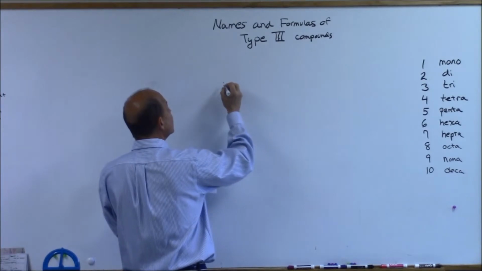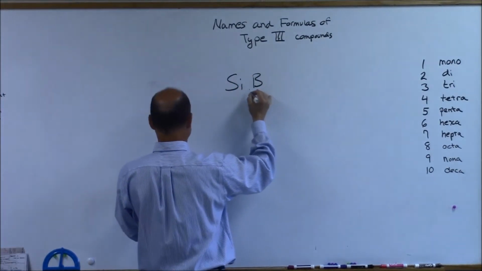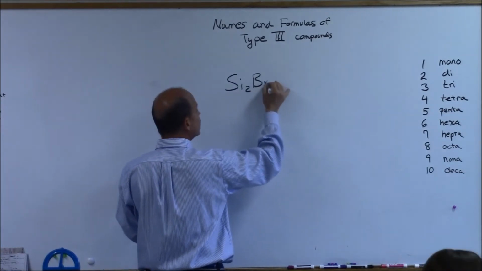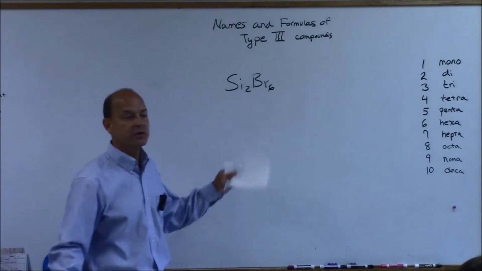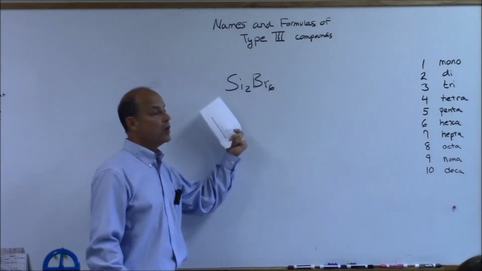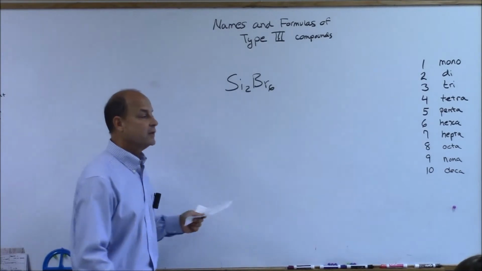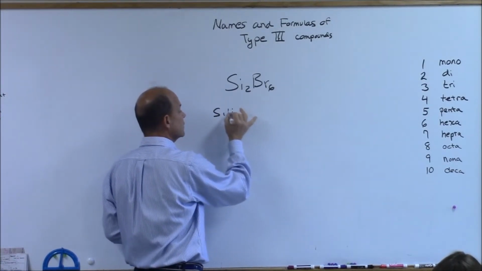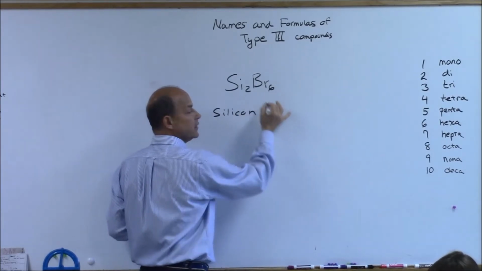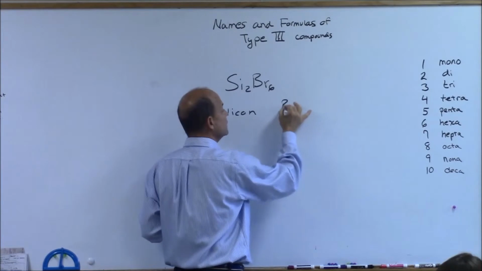Let's go. I'll write the formula. Si2Br6. All right. Without saying anything, without raising your hand, I want you to think in your head what this might be. So I see lots of you looking on your periodic table. You'll recognize that this is silicon, and this is bromine, which in a compound would be bromide.